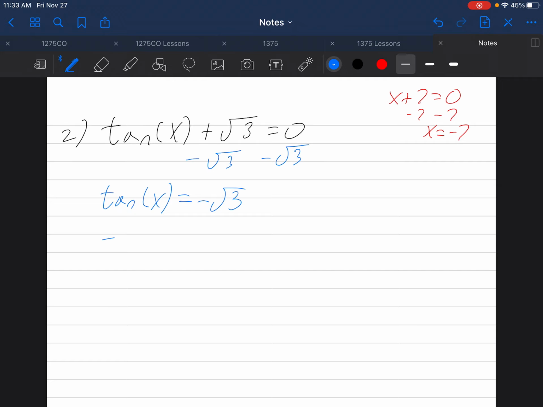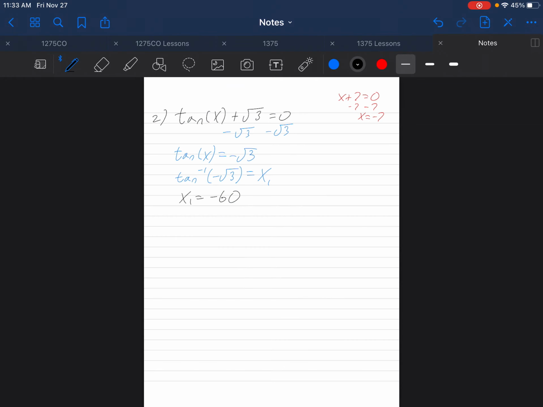Now we can use the inverse tangent because we know what the tangent of this angle is equal to. This allows us to use the inverse tangent of negative radical 3 in order to come up with an answer. x1 is equal to what our calculator says, which is negative 60 degrees.